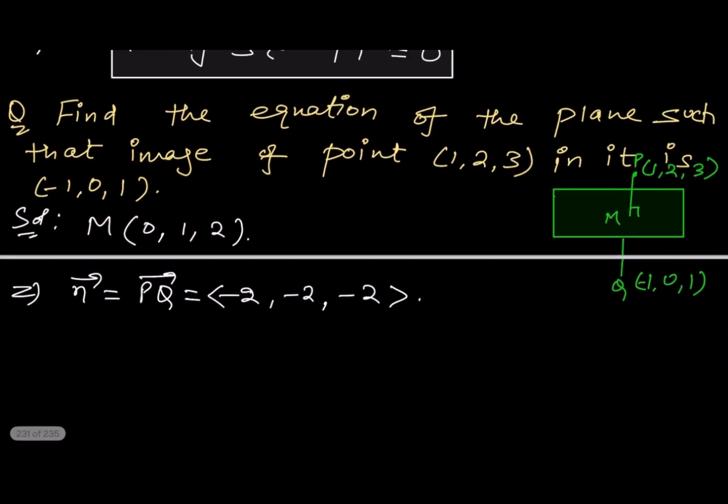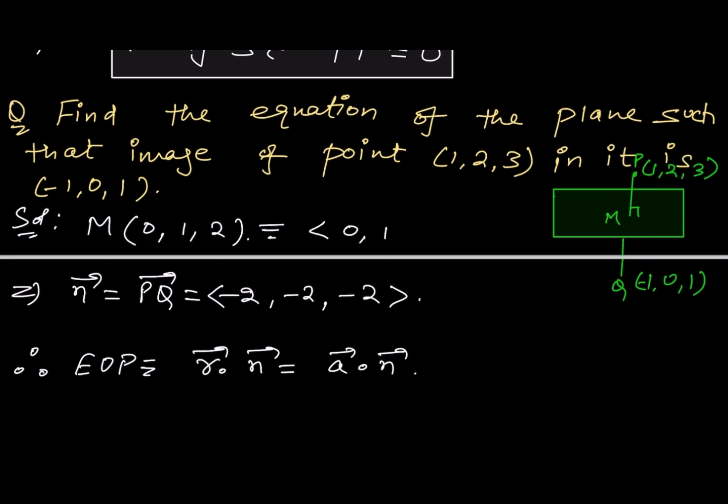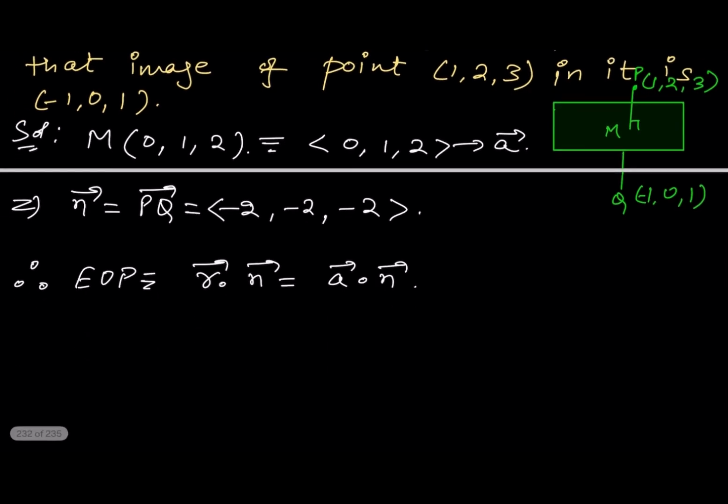So the equation of plane would be r dot n is equal to a dot n, and here a is (0, 1, 2), right?